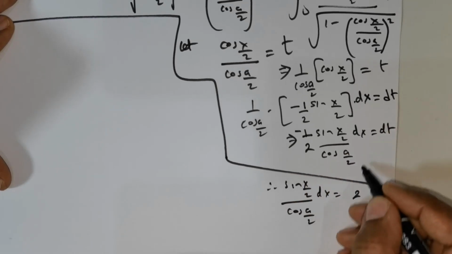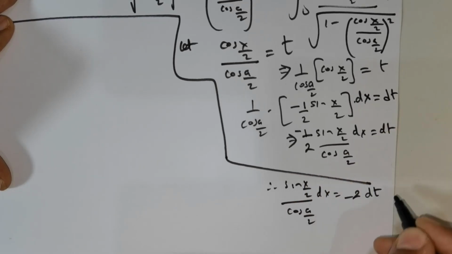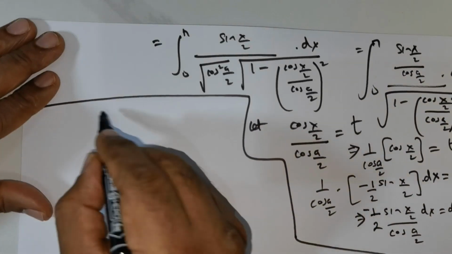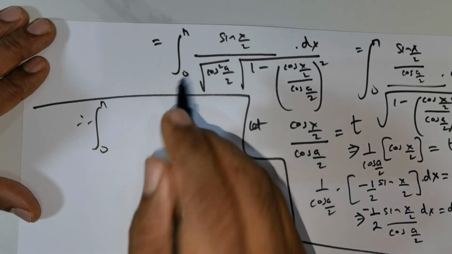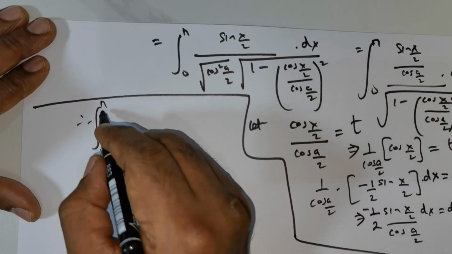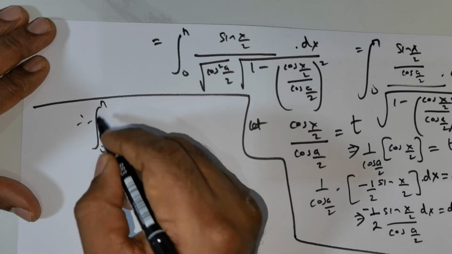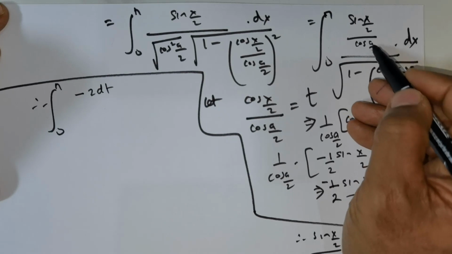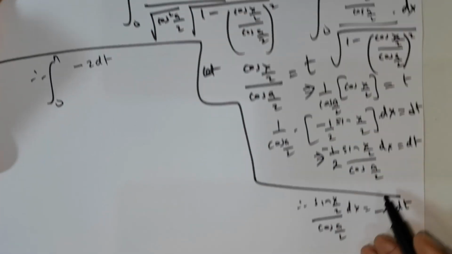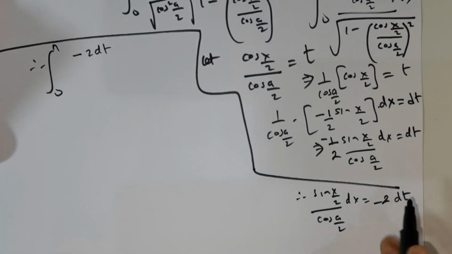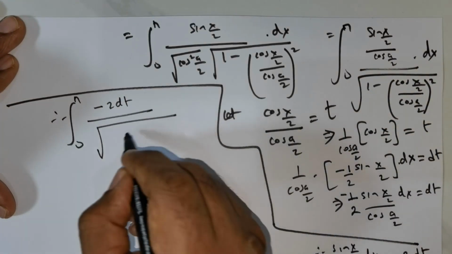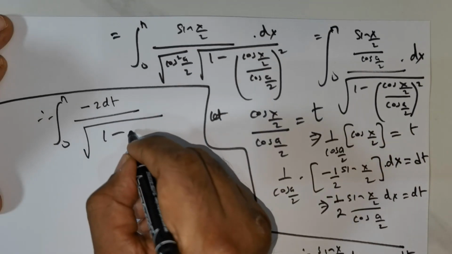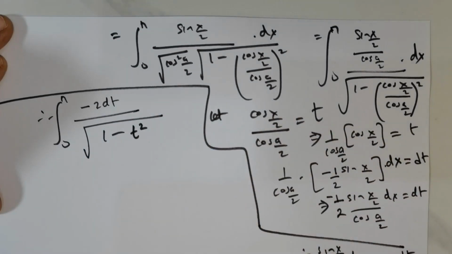I'll push the 2 to that side with the negative sign, so it's going to be negative 2 dt. So in place of this you substitute this. So therefore what happens, the integral from 0 to, I'm not going to place in the limits as yet, I need to check the limit, so I'll be coming back here. So this is going to be negative 2 times dt. In place of sine x over 2 divided by cos a over 2 times dx, I'll be substituting negative 2 times dt, and then divided by the square root of 1 - t squared, since in place of cos x over 2 divided by cos a over 2, I'm substituting t.